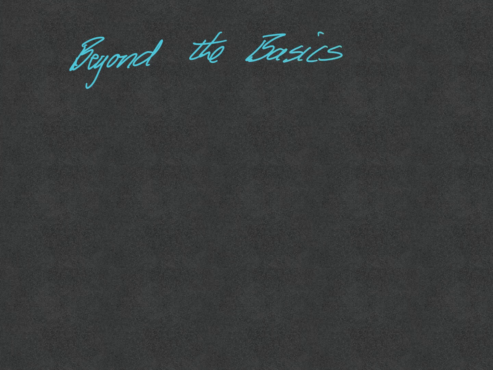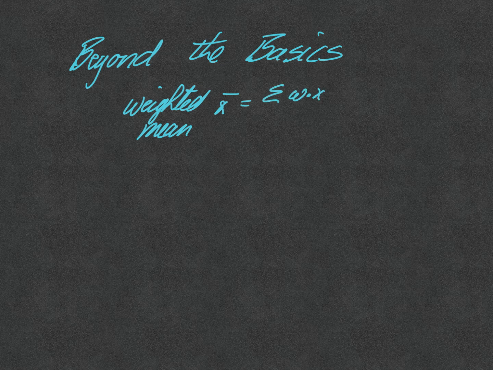But what is a weighted mean? By definition, a weighted mean is x bar equals the sum of the weight times the data value, over the sum of the weights. Let's talk about this.